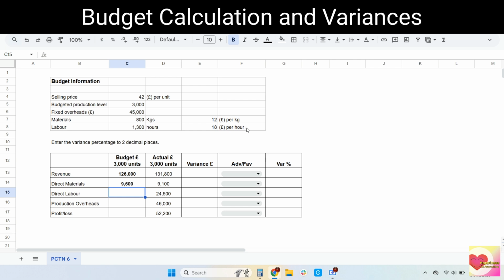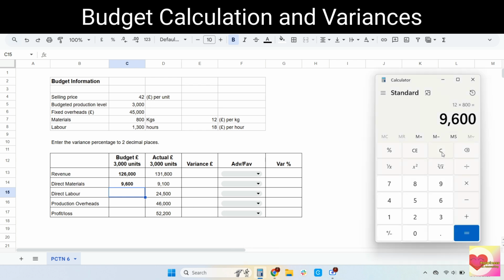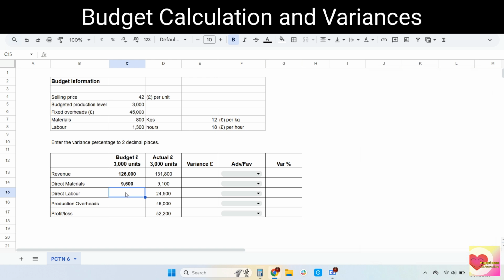So this is the amount of the labor, but we have to get the amount for the 1,300 hours. So let's multiply 18 pounds times 1,300 hours and we got 23,400 pounds. So this is our budget for direct labor.